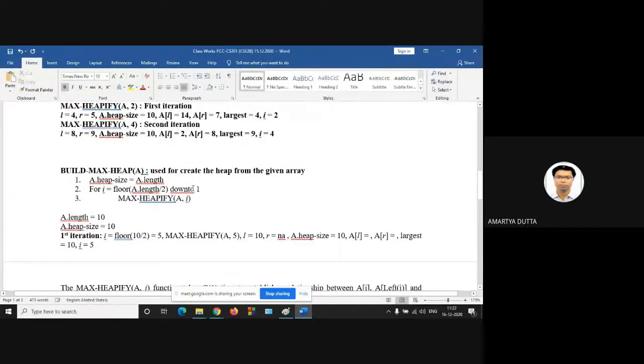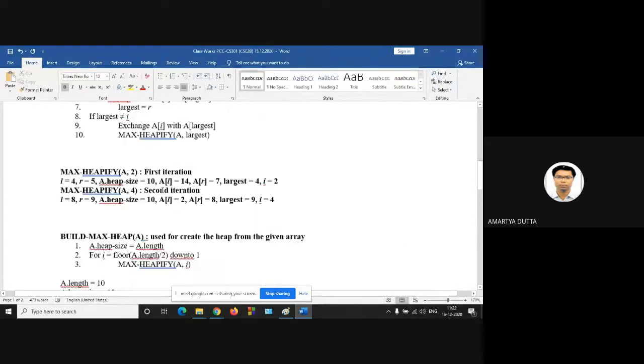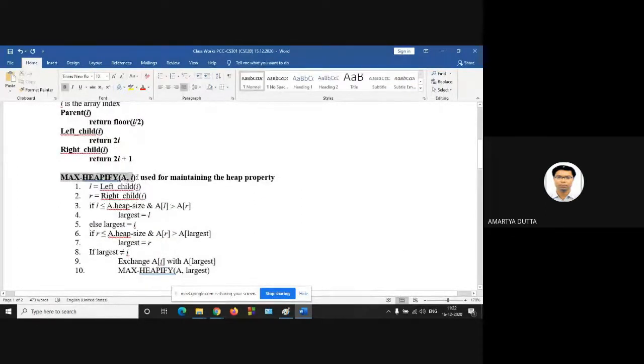Please look at it carefully. Build maxif, max heapify, this max heapify procedure is used to maintain the heap property. For max heap, this should be max heapify, and at every node, this will examine whether your parent node is greater than or equal to your left and right child. For min heapify, at every node it will check whether your parent node is less than or equal to your left and right child.